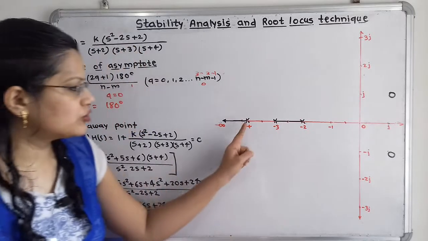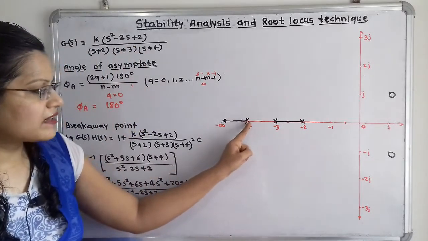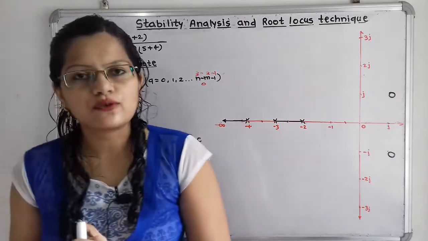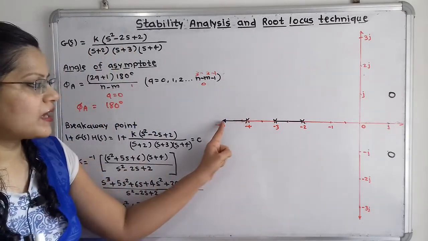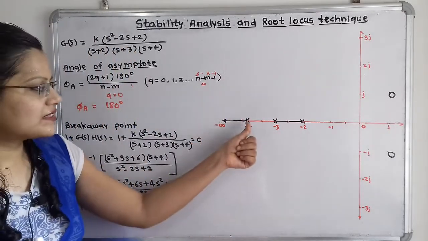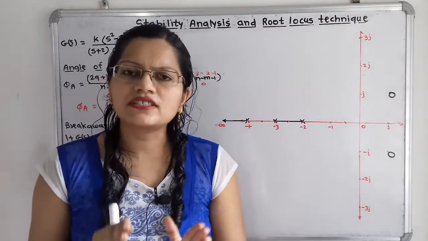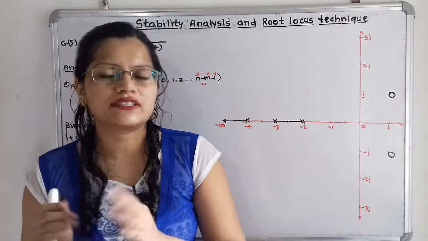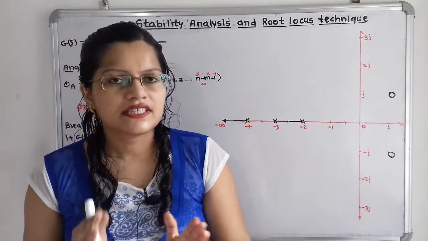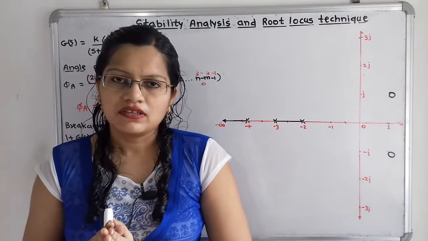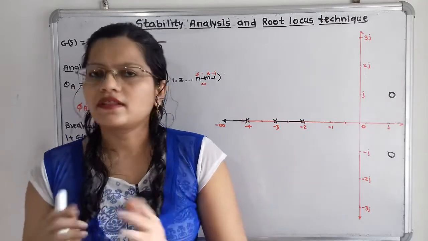Here I have shown that after minus 4 all the points are part of the root locus, which I have shown with the help of the black marker. So we can say that this is the branch that will terminate to infinity. So for this question, there is no need to calculate the centroid. And this theory you can apply for each and every question. So please remember this point.